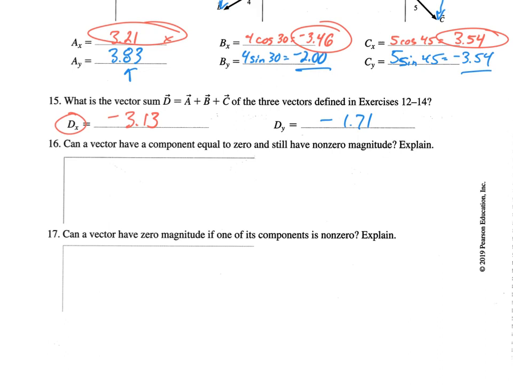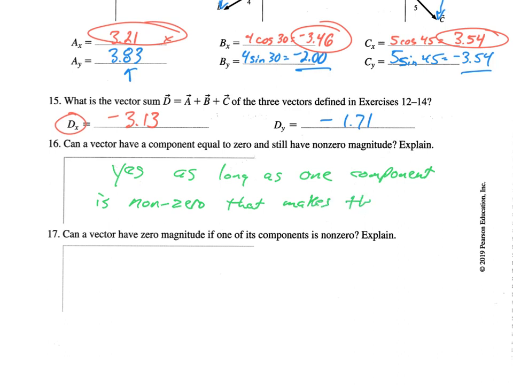Can a vector have a component equal to 0 and still have a non-zero magnitude? Yes. As long as one component is non-zero, that makes the entire vector non-zero.